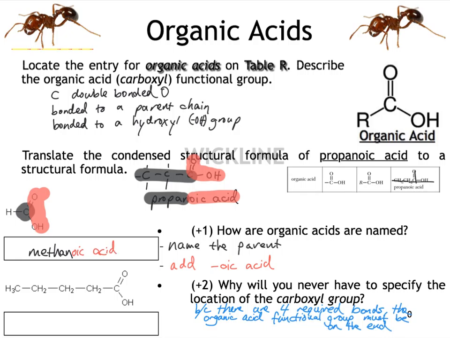All right, now for the next one, we have a 1, 2, 3, 4, 5-carbon parent, so that's going to be pentan. And the C double bonded O, OH, gives us the ending oic acid.